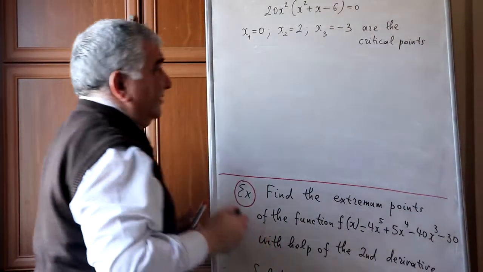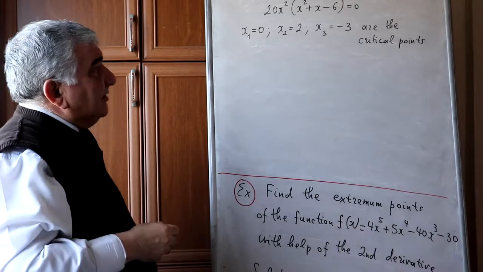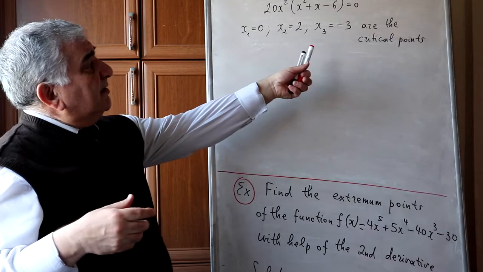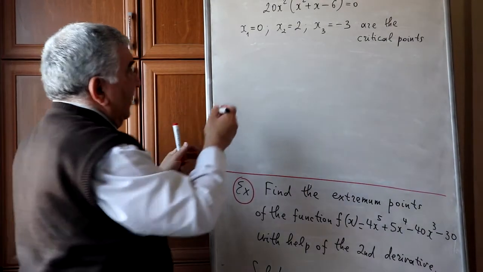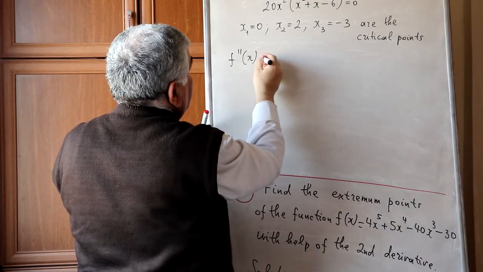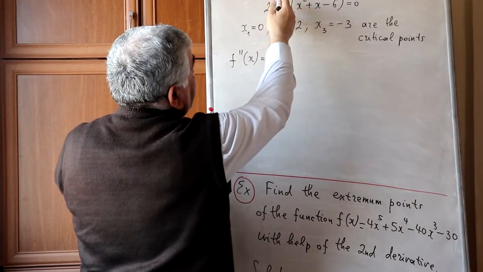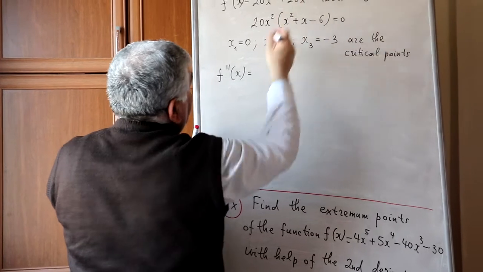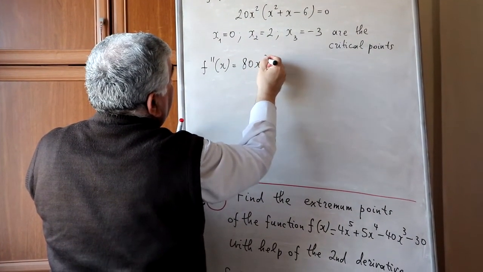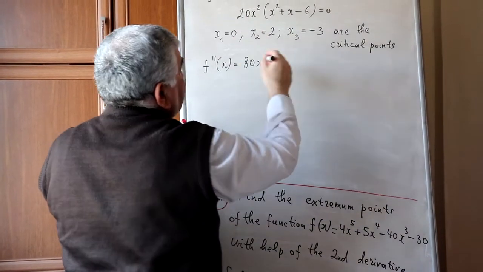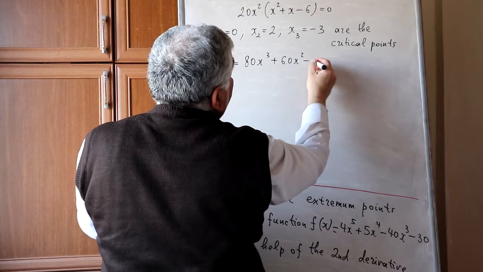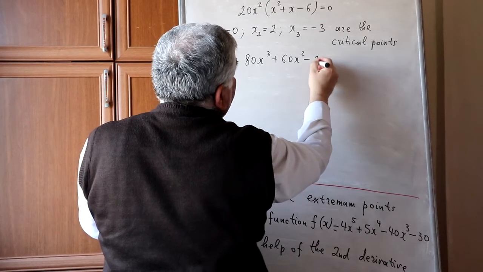Then find the second derivative and calculate the second derivative at these critical points. F double prime of x equals 80x cubed plus 60x squared minus 240x.